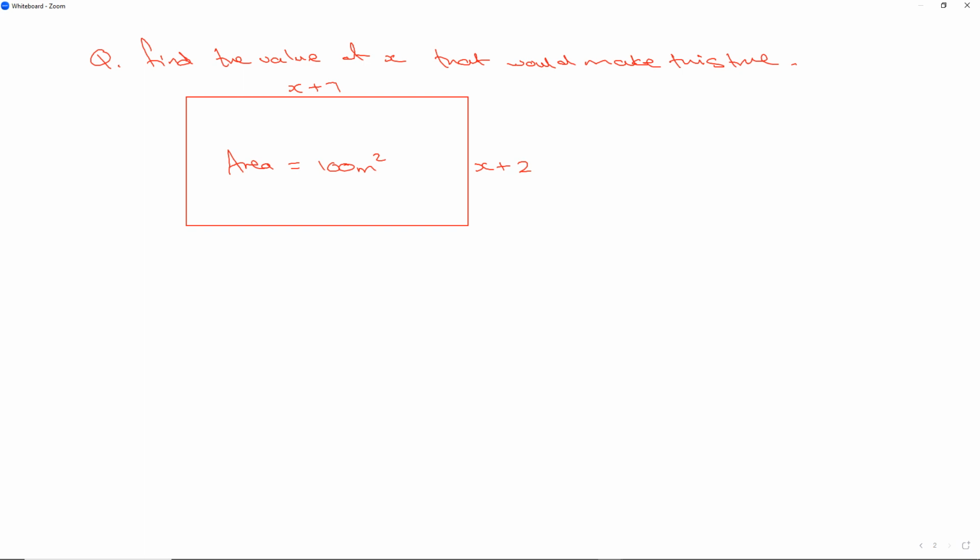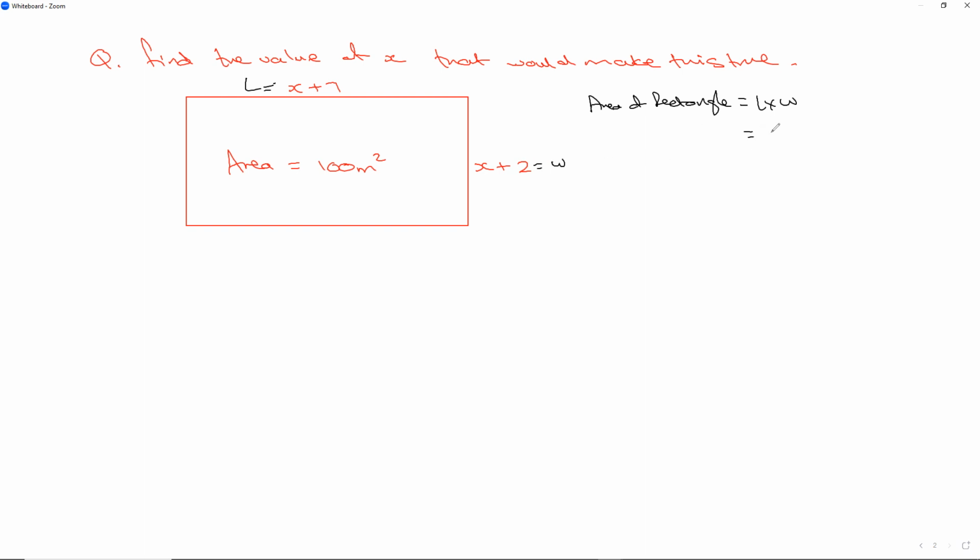So the first thing I do is I realize it's a rectangle, so the area of a rectangle is given by length times width. So if this is my length, then this is going to be my width.